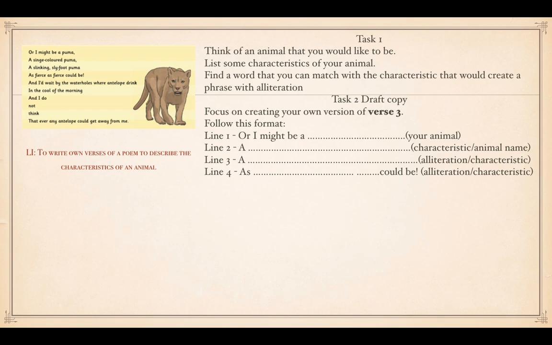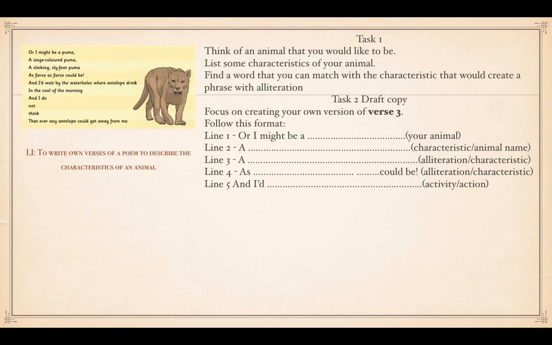So once again, you need alliteration in that phrase, and that line must finish with "could be" and an exclamation mark. It's going to take some thinking. That's why this is a draft copy. So think about it, use your animal characteristics and the words that you used to match the characteristics so that you could have a phrase with alliteration.